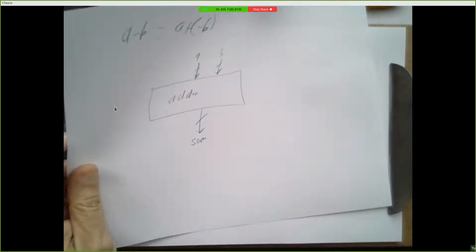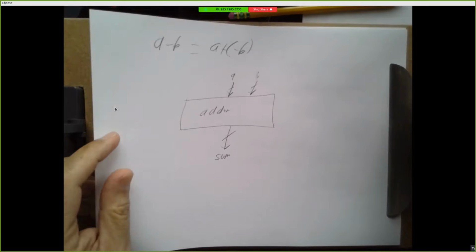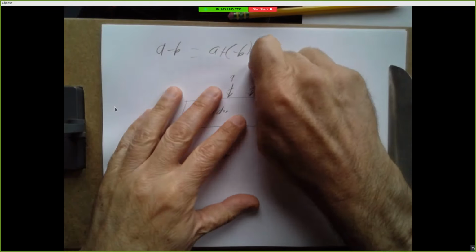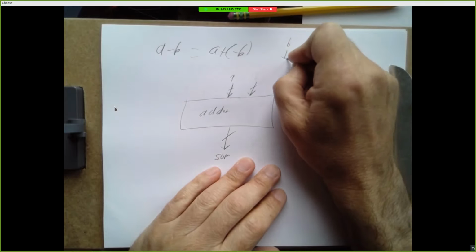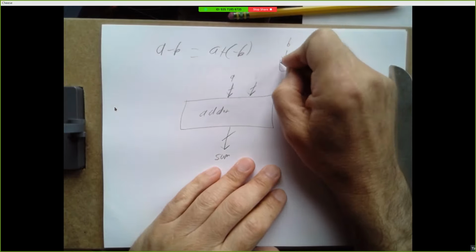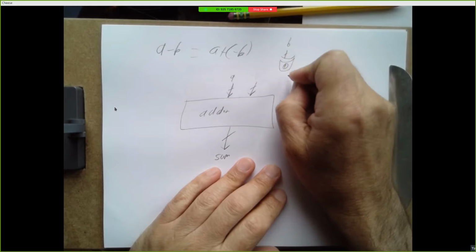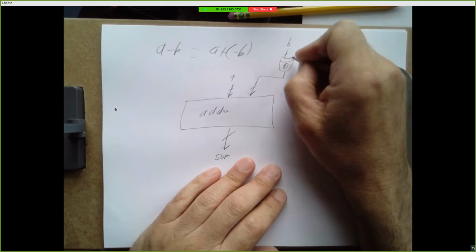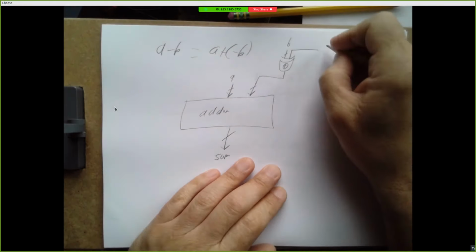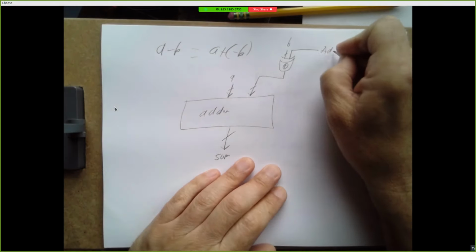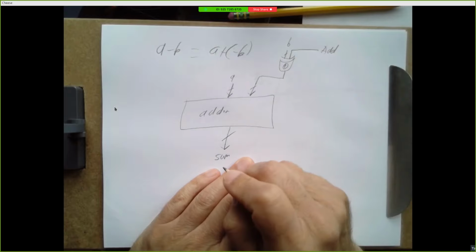So what we could do over here is take our B input and put it into an exclusive OR. And we can put an XOR with this, which we call add.